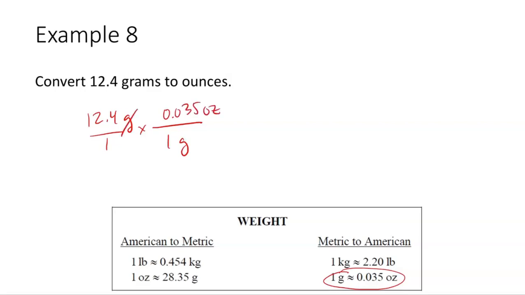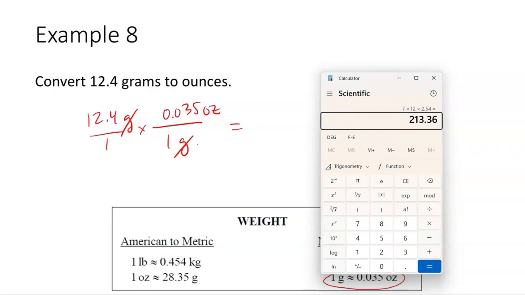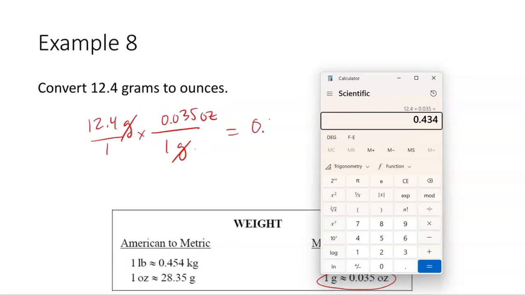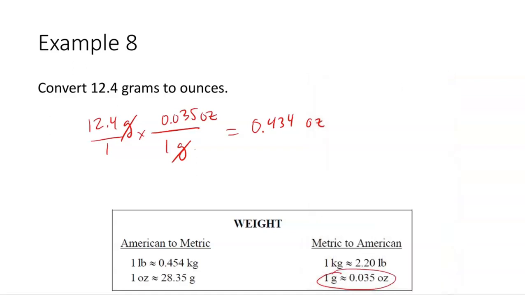So that crosses out the grams, which means I need to go 12.4 times 0.035. And calculator. If I go 12.4 times 0.035, I get 0.434 ounces. So 12.4 grams is a little less than half an ounce.